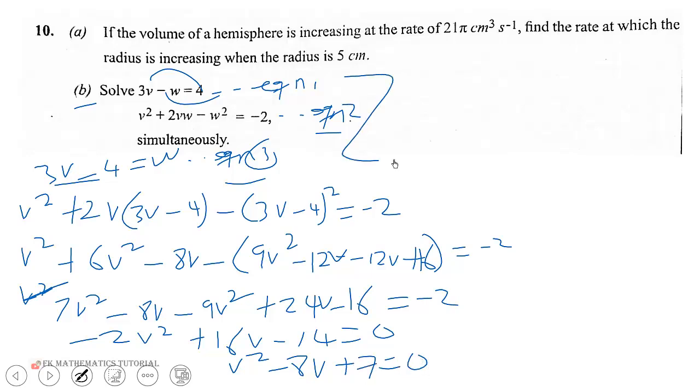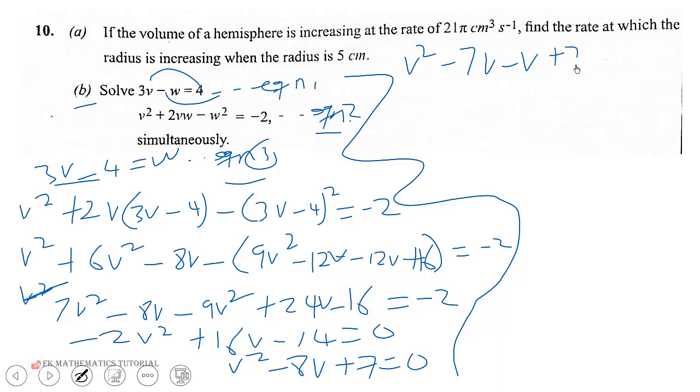So we can factor this. When we factor this, we need to split the middle term. -7, -1. So we have v squared minus 7v minus v, then plus 7 equals 0.